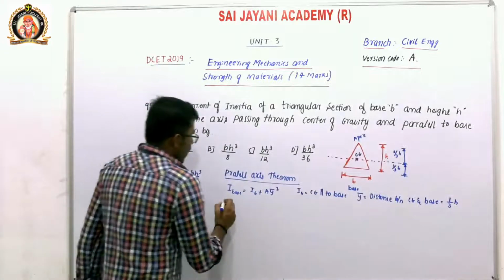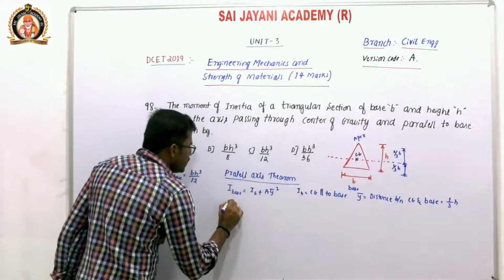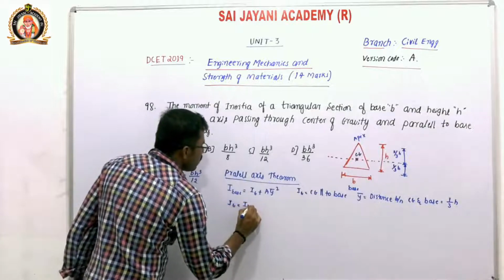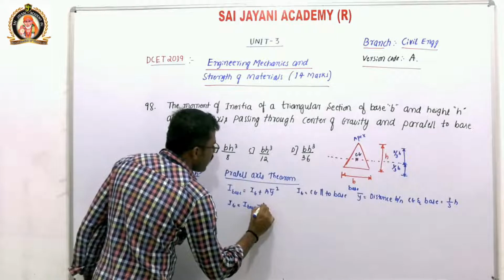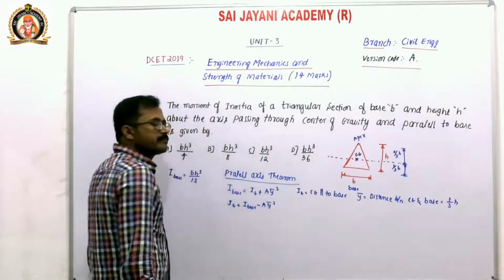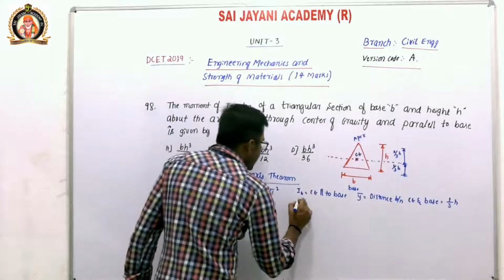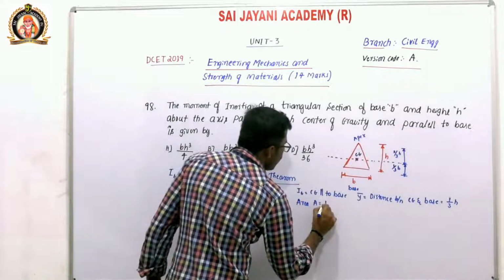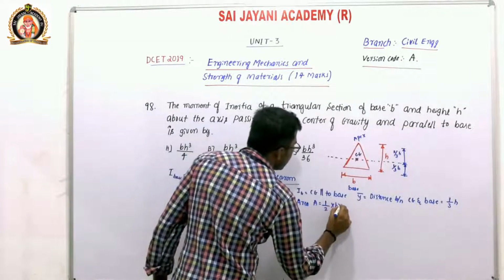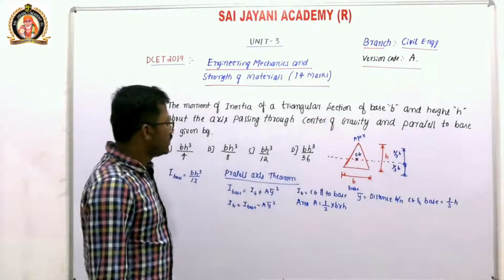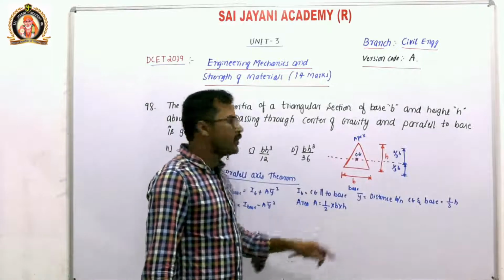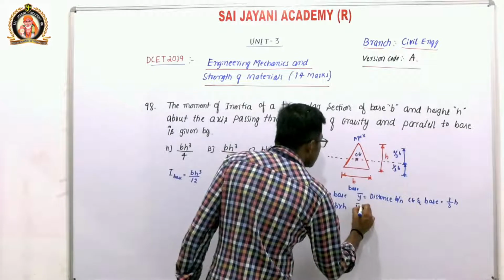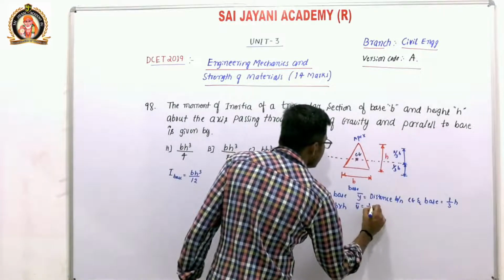I want to find Ig, so Ig becomes I base minus A y bar square. The area A is equal to half into B into H for a triangular section, and y bar is equal to 1/3 of H.